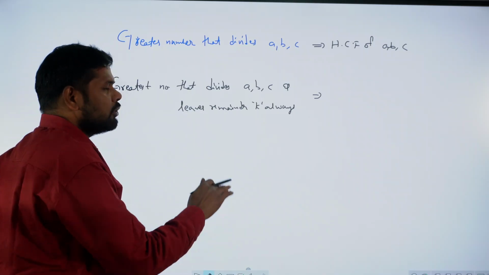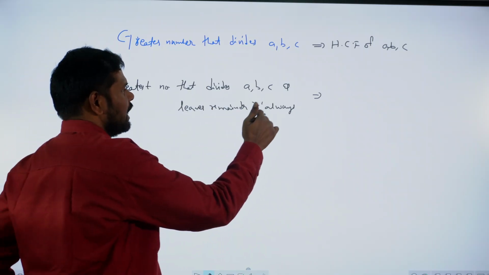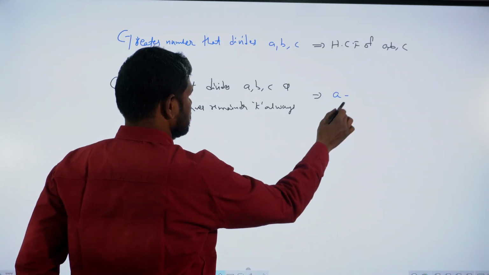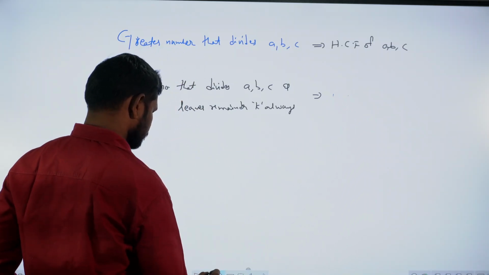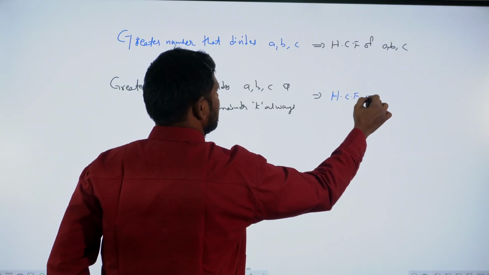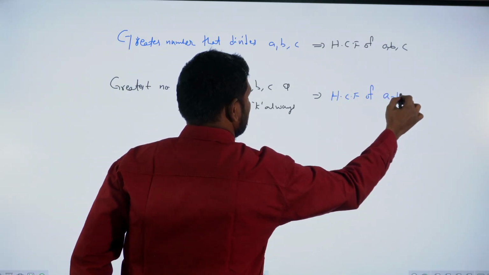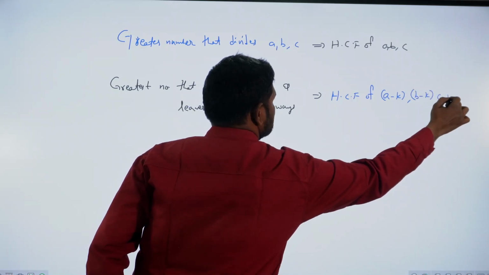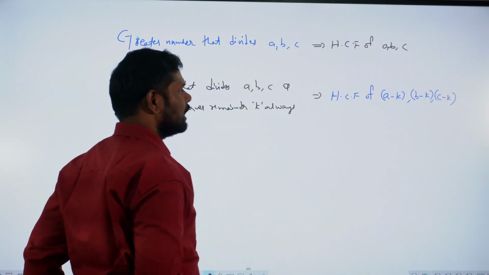So for this type of question, simply subtract that K from each number: HCF of A minus K, B minus K and C minus K is the resultant number.